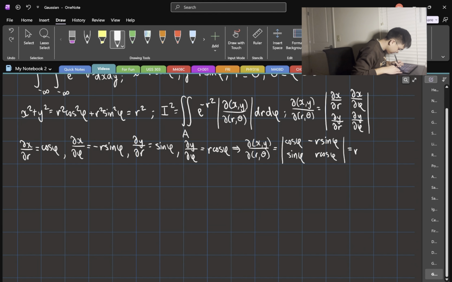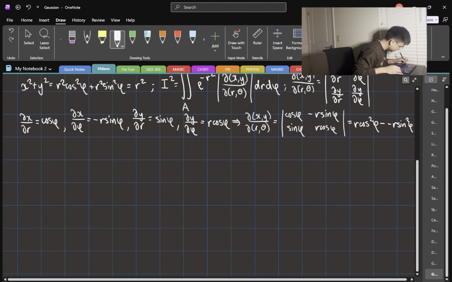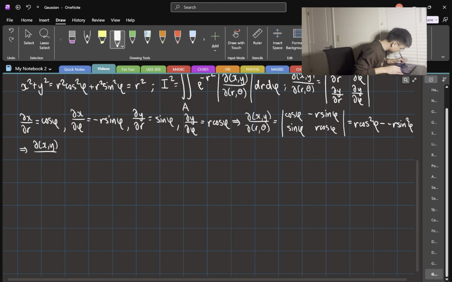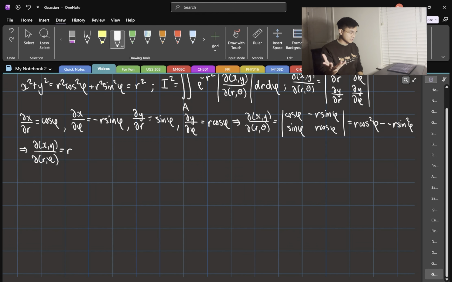So we have r cosine squared of phi minus these two things multiplied together right here, so minus r sine squared of phi. Minus and a minus is a plus, which tells me, after factoring out the common factor of r, our Jacobian determinant is nothing other than just r, which has units of length, as we predicted earlier.